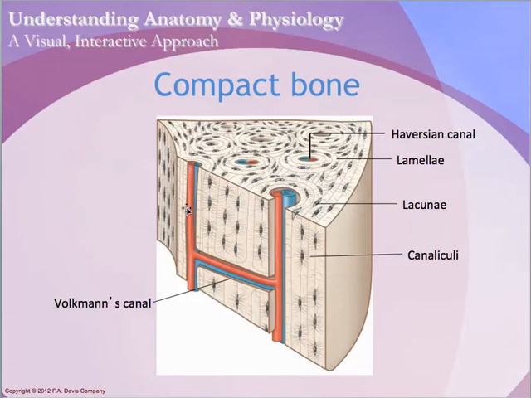You have these canals that connect the units. The lacunae are really just little gaps between the rings that contain osteocytes. So remember, osteocytes have the ability to make bone as well as degenerate bone. So we have these spaced all throughout the bone.